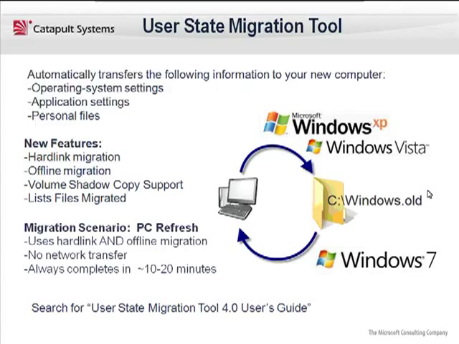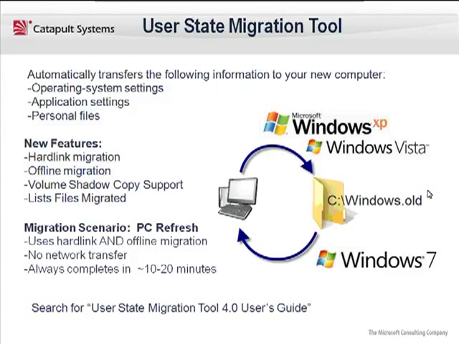One caveat with hard link migration is that you need to keep your existing partition information on the drive. Some of you, if you've deployed Windows XP, may have a habit of running a network migration to push all of the user's files and settings to a network share, wiping the drive completely, installing a new operating system, and then using the user state migration tool to bring back all of the data, files, and settings.